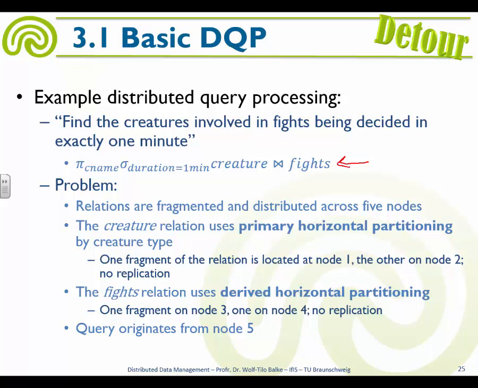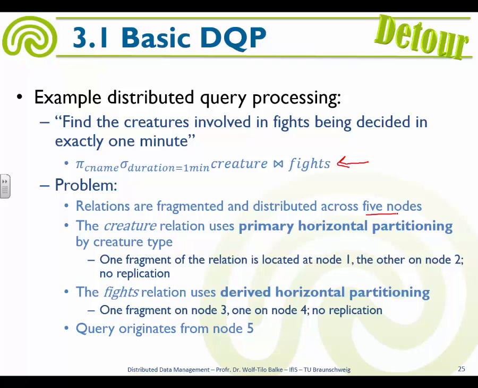Relations are actually fragmented and distributed, just for the sake of the example, over 5 nodes, but imagine several nodes, and still the problem is, just to give you the intuition. The creature relation is using primary horizontal partitioning, which is one of the things that we did last week.